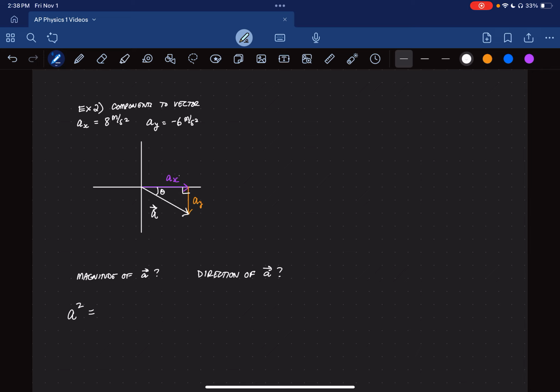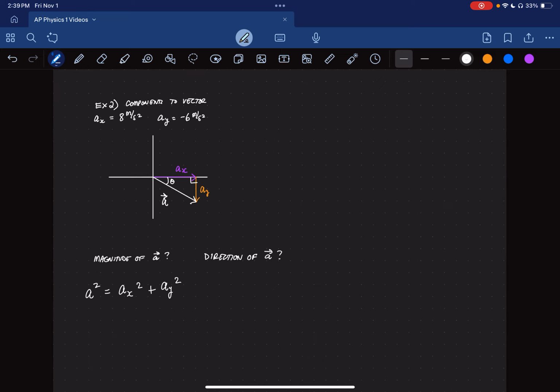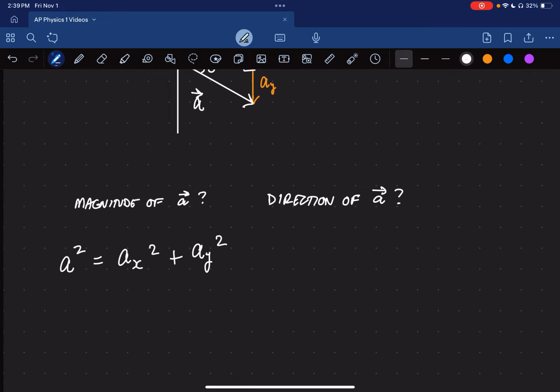Right? A squared plus b squared equals c squared, although I'm going to write it like this. A squared, and by that I mean my acceleration vector, is ax squared plus ay squared. Sometimes I'll just do it like this, because we're going to end up doing that anyway, but I'm just doing an example here.